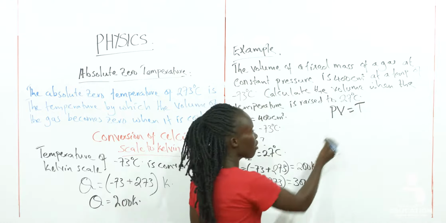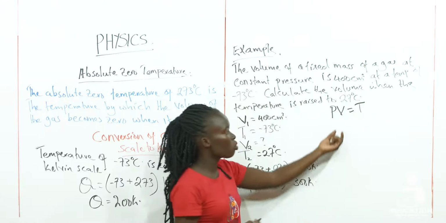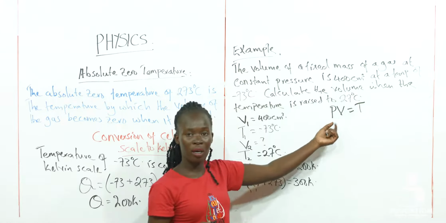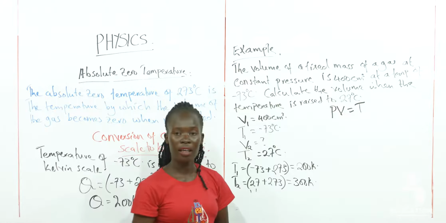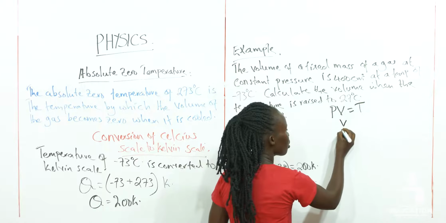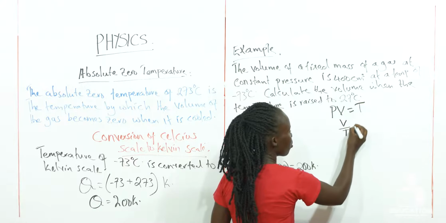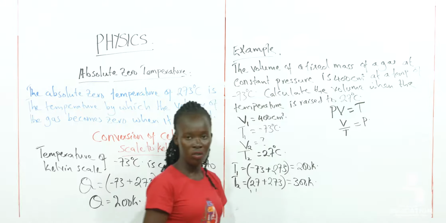At this moment we want to make the pressure constant. So we are going to make our pressure the subject. We shall have V divided by T equaling the pressure, which is constant.